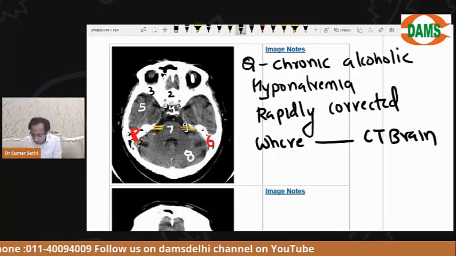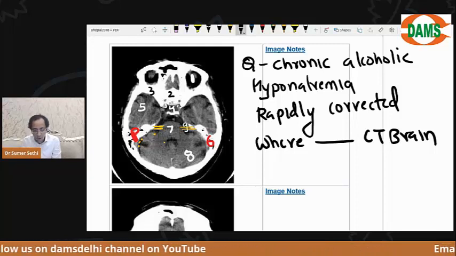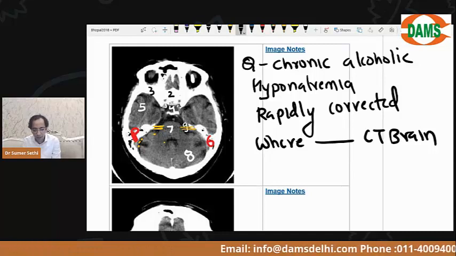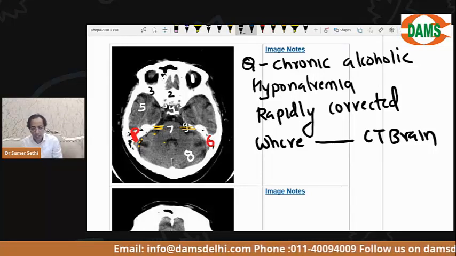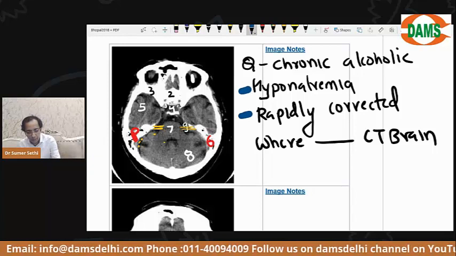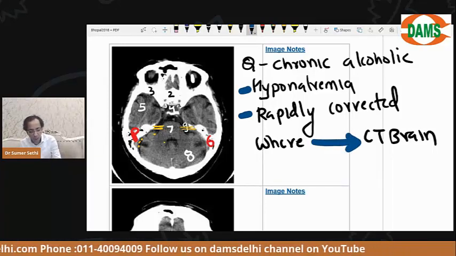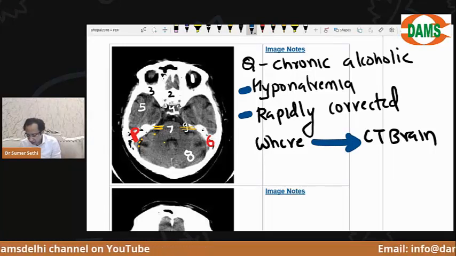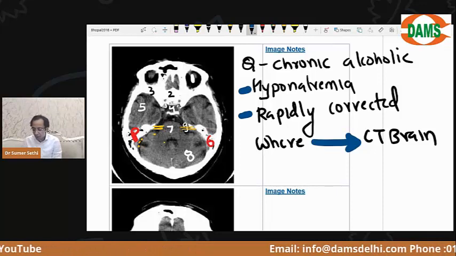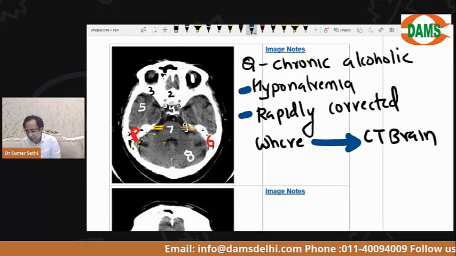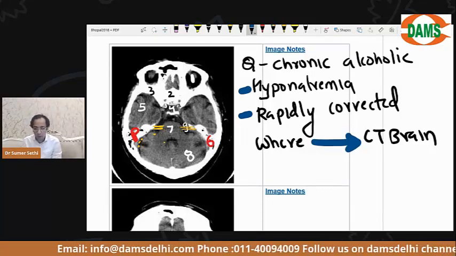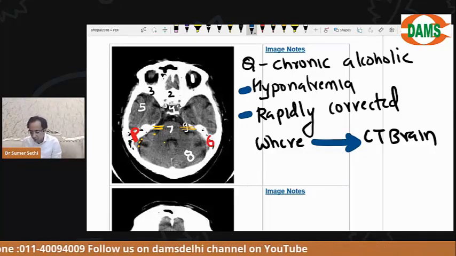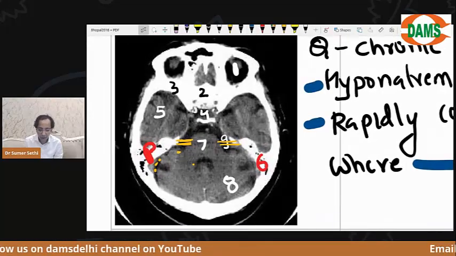A chronic alcoholic had hyponatremia, which was rapidly corrected. Where will you see the abnormality on his CT brain? Everybody understands? If you are unable to take the screenshot, don't worry. The same images that I am showing you are also uploaded in your app in the classroom file section. It is already there. Don't panic.